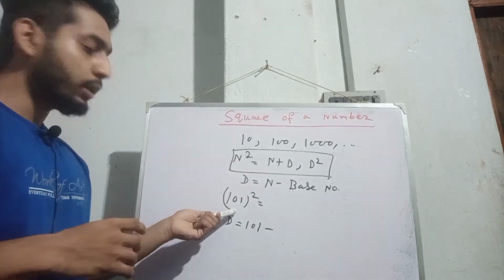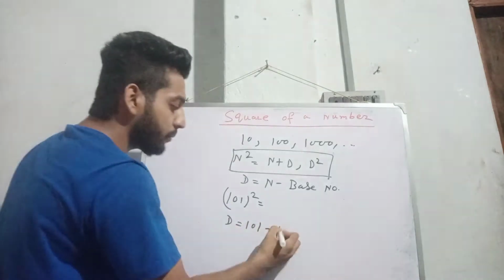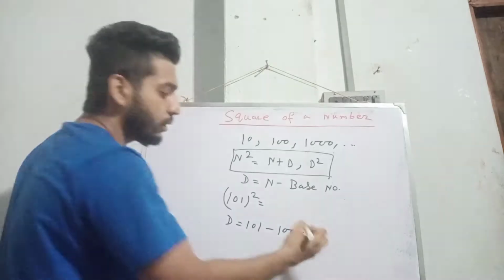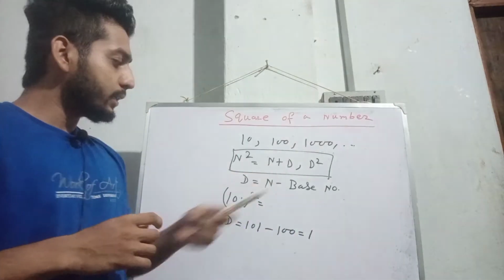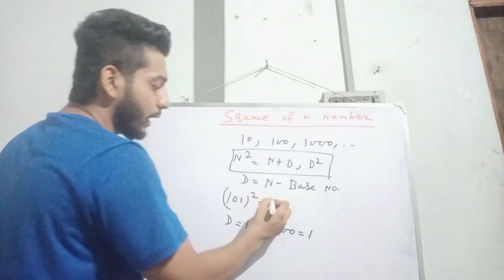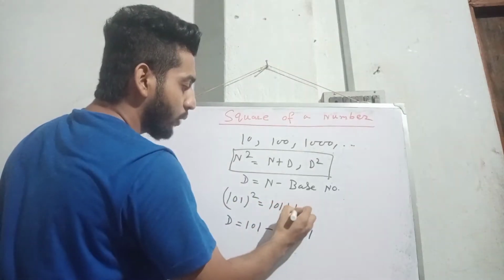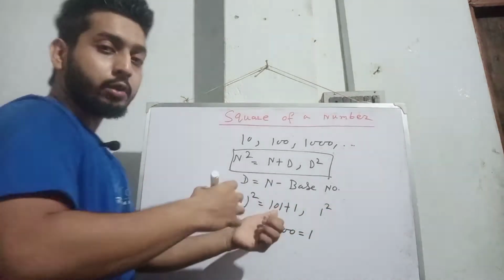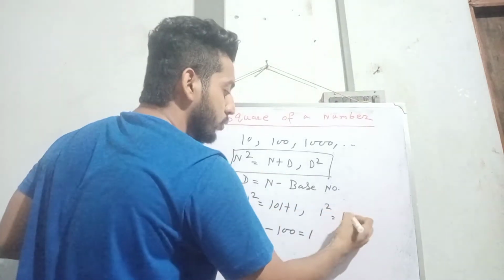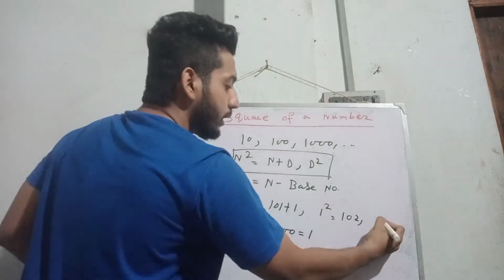So 101 minus 100 will be 1. So the formula is n plus D, so here 101 plus 1 comma 1 square. So the answer will be 102 comma 1 square is 1.